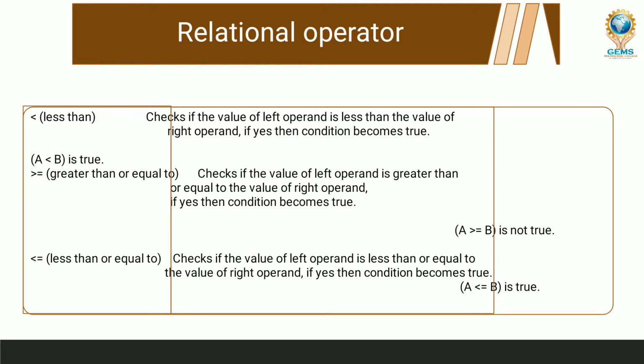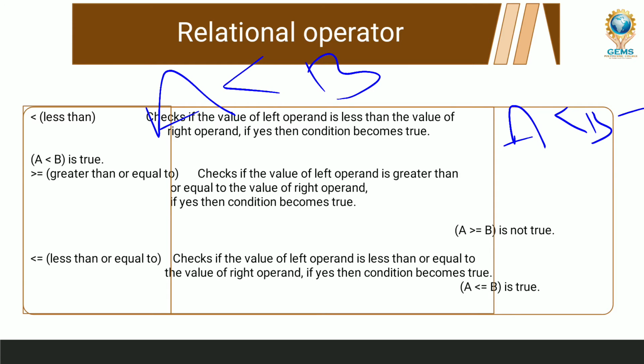Next, less than. A less than B is true, as A is less than B. Forget about the earlier part, so you may not get any confusion here.